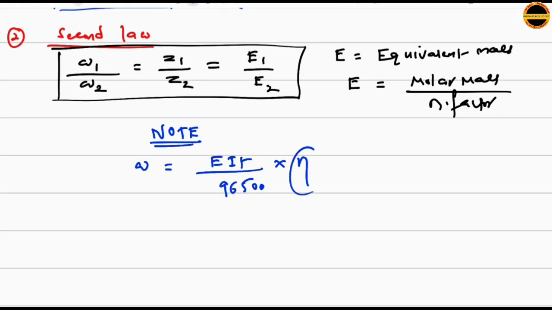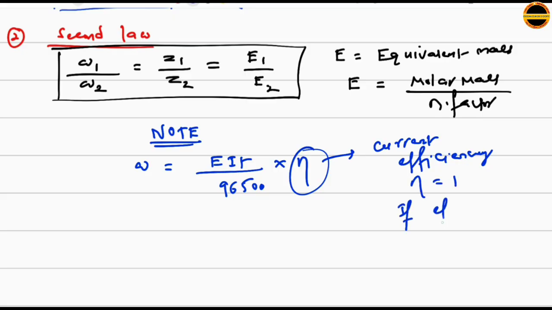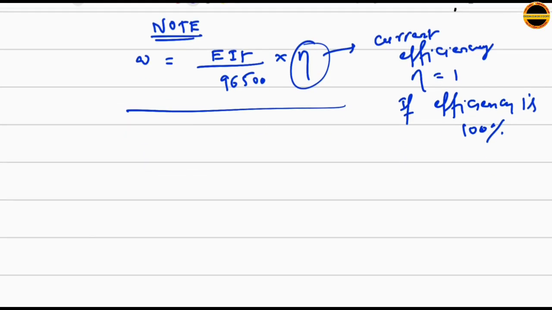Here, eta represents current efficiency. Remember, eta is 1 if efficiency is 100%. If they ask current efficiency, based on modification of the formula you can use eta. Okay, close the note and move further.